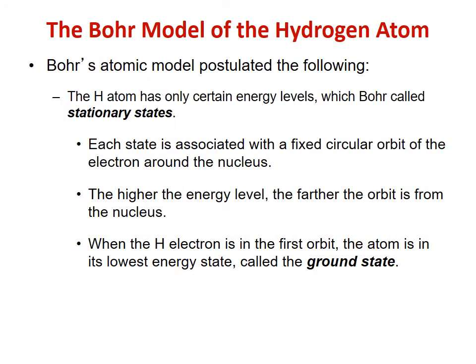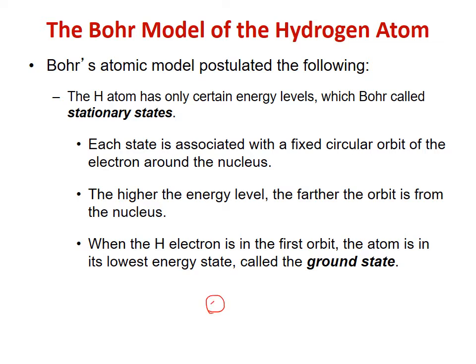Since wavelengths of light emitted by atoms are quantized, the energies of atoms must also be quantized. Niels Bohr proposed that hydrogen atom has only certain energy levels, which Bohr called stationary states. Each state is associated with a fixed circular orbit of the electron around the nucleus.